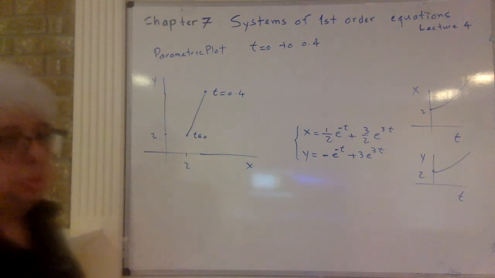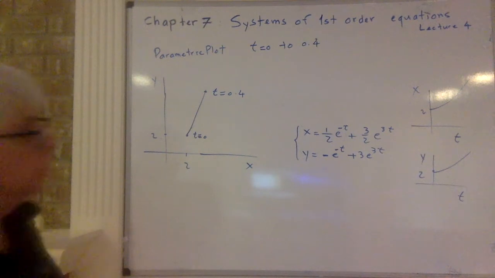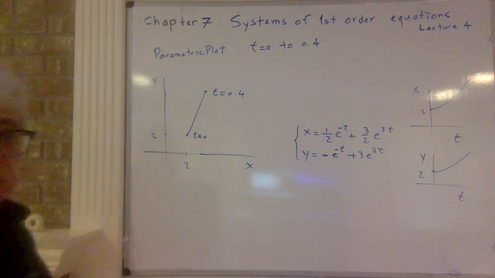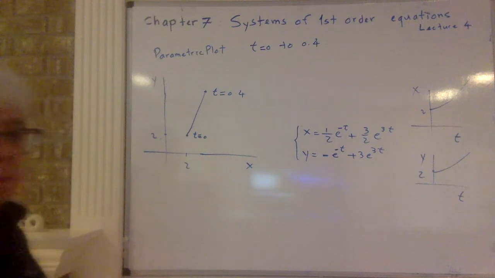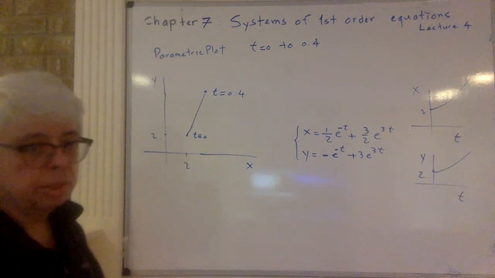Now in this case these two give me the path or the trajectory of that particle. So if I graph this, it's the path that the particle is taking and moving along.